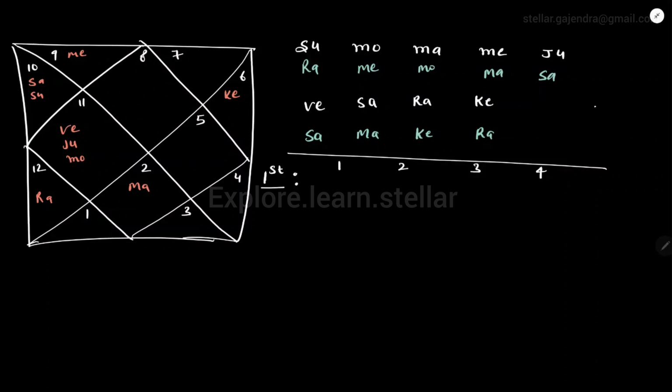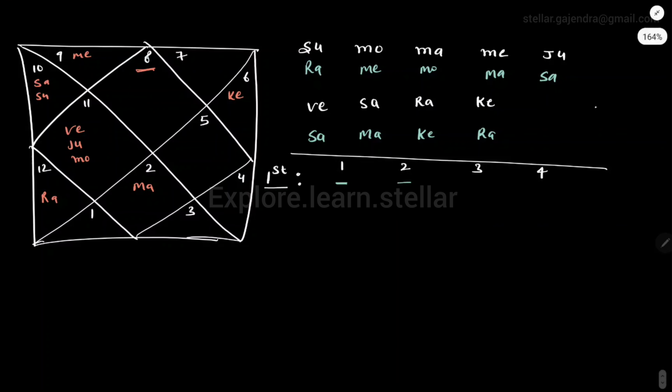The first 2 rules are for the occupant, and the next 2 rules are for the owner planet. If you see the first house, there is no occupant in this house. So we can put a dash for the first significator. There is no planet that becomes the significator at level 1 and level 2.